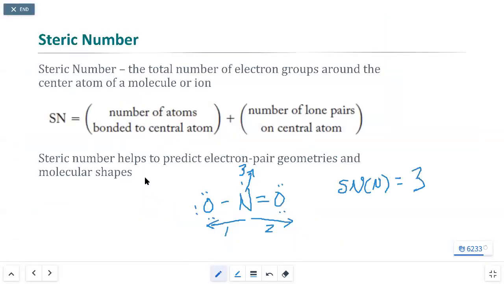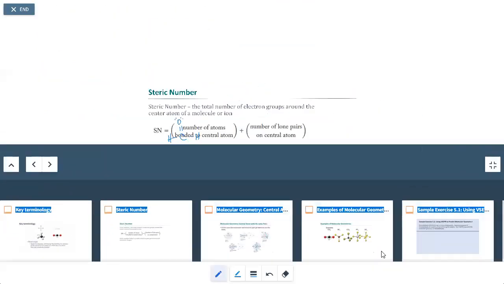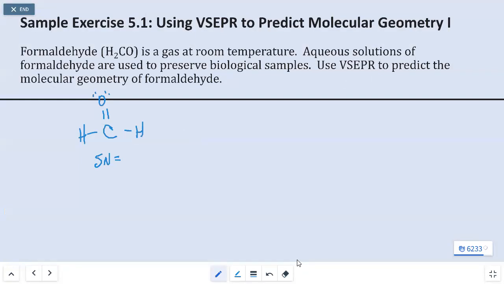Remember, steric number is the number of atoms bonded to the center atom plus the number of lone pairs on that center atom. Well, I've got 3 atoms bonded to that carbon, and I don't have any lone pairs. So my answer here is 3.